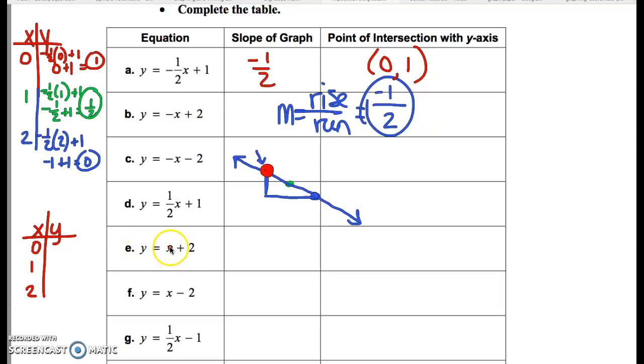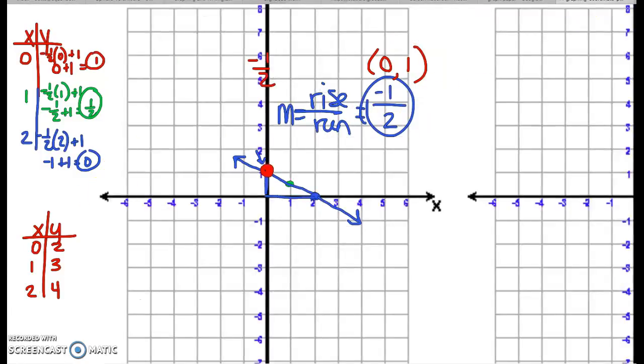So y equals 0 plus 2, that's 2. Y equals 1 plus 2, that's 3. Y equals 2 plus 2, that's 4. So that gives me my 3 points that I'm going to plot on my graph.